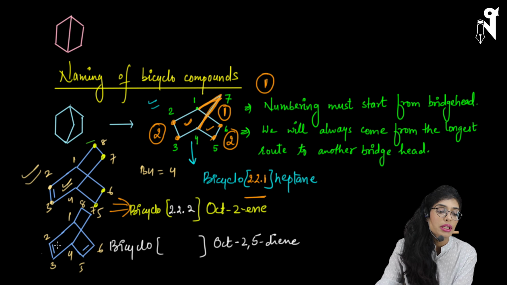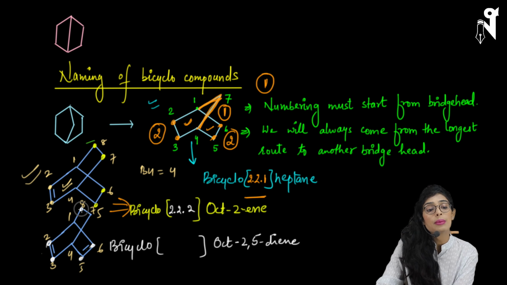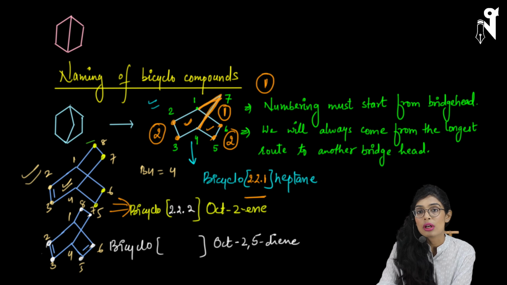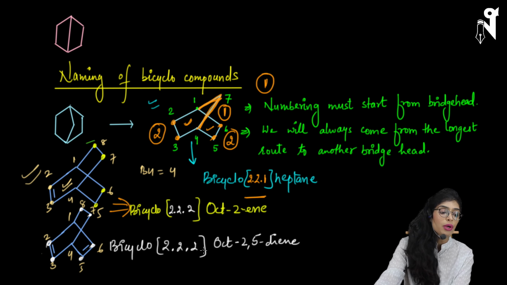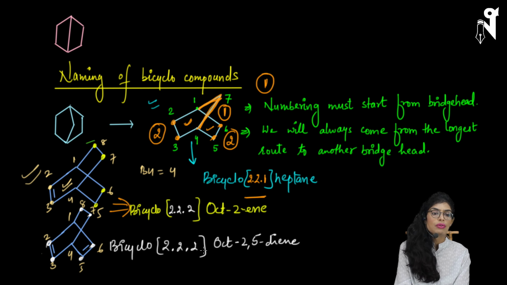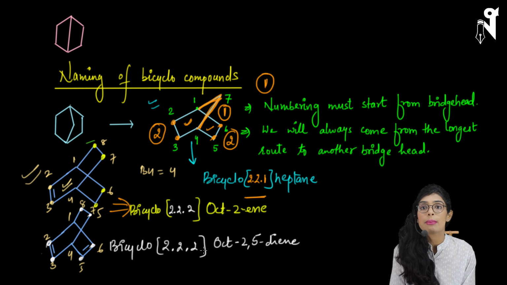So the number is again 2 uncommon carbons in one ring, 2 uncommon carbons in another ring, and 2 non-bridge carbons on the shared wall or shared bridge. So the number is 2.2.2. I hope you have understood what we are trying to explain over here. Try this on your own. Try solving more questions on it and you will get better clarity.